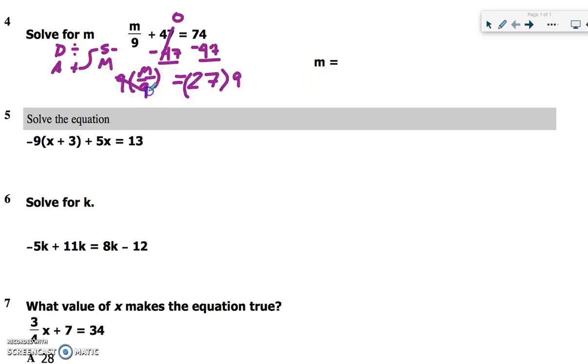Because now we cancel out our 9s and find that m equals 27 times 9 and not divided by 9. Told you about your eyes playing tricks on you, and you get 243. So m equals 243. And there you have it.